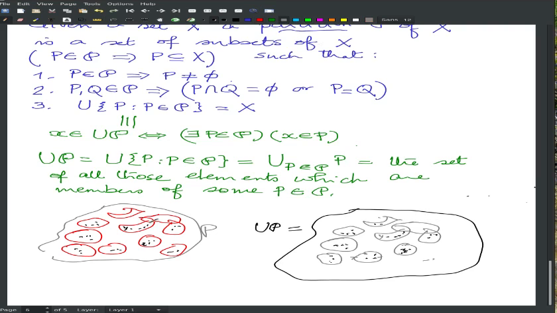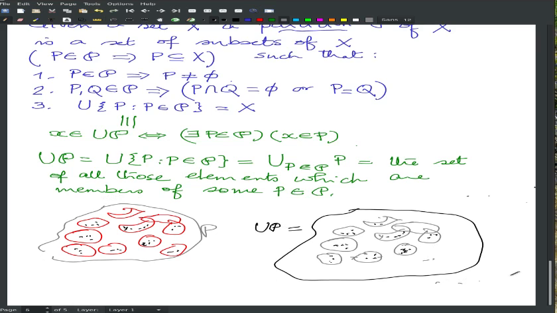I can have any collection of subsets, any set of subsets, and I can speak of their union. So speaking of a union doesn't mean that they are like this, and the union of P may not be the whole of X. So there could be some elements outside also.